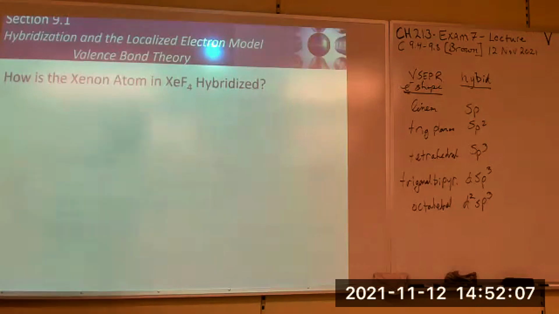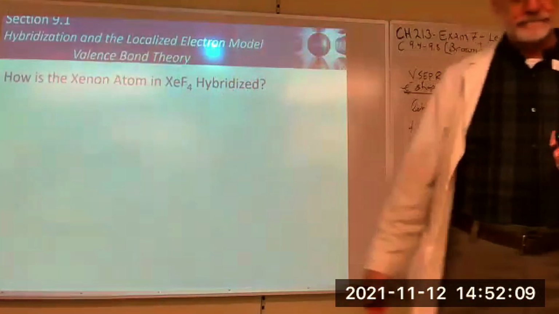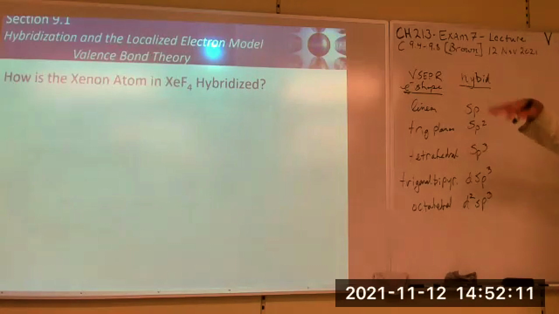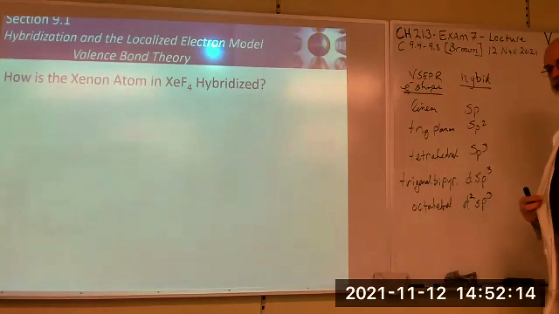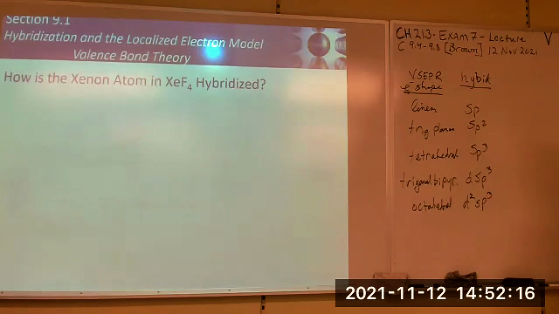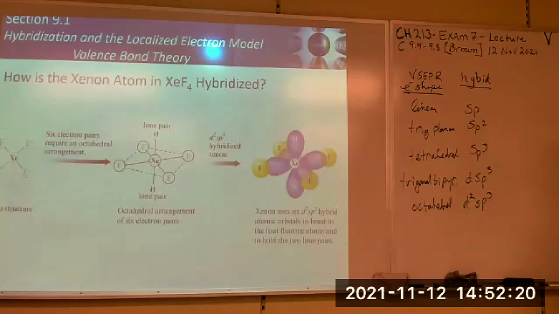Then very often you create more problems than you solve. So we've solved some problems now, but eventually it's going to create problems that can't be overcome. Okay, Xenon Tetrafluoride is another example of d2sp3.